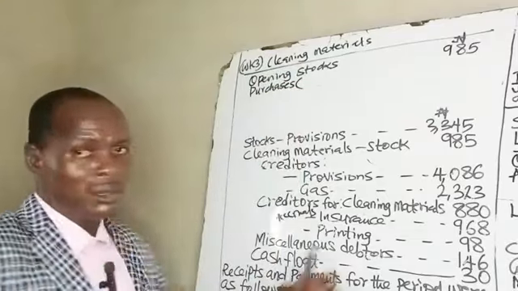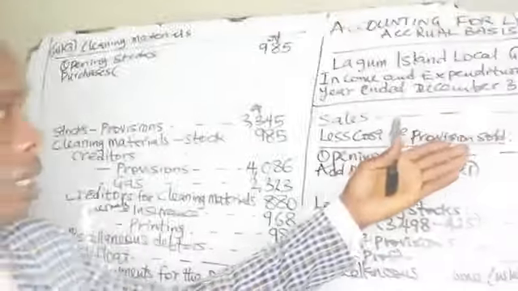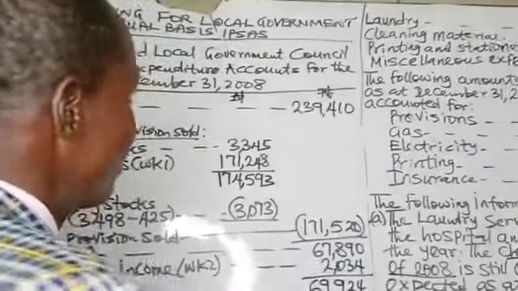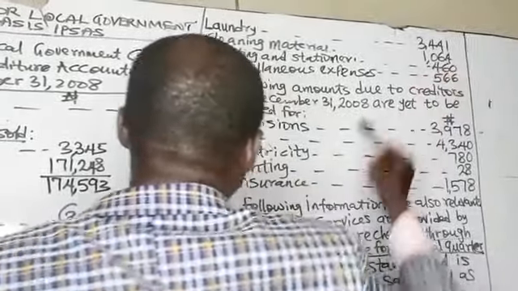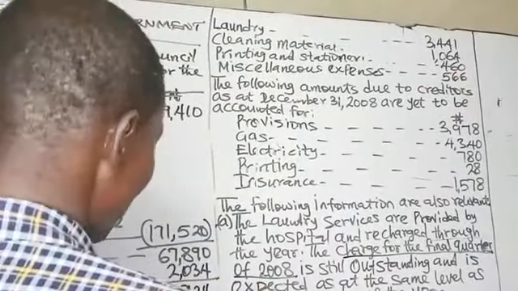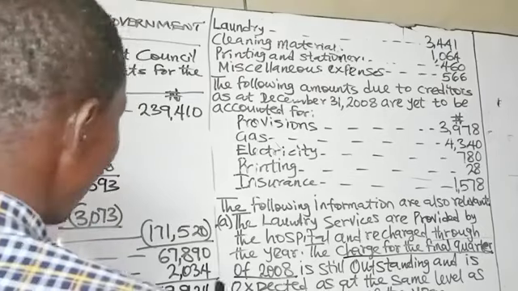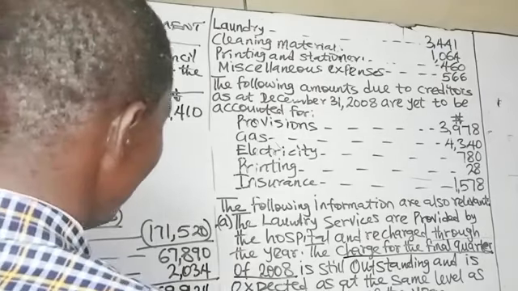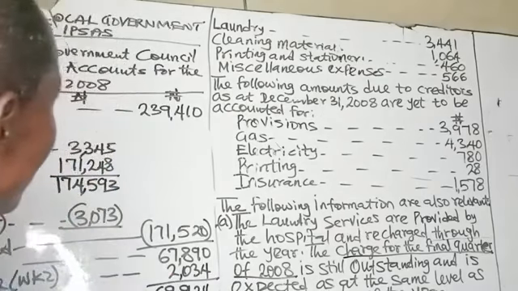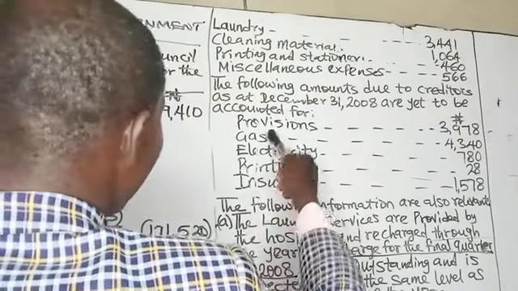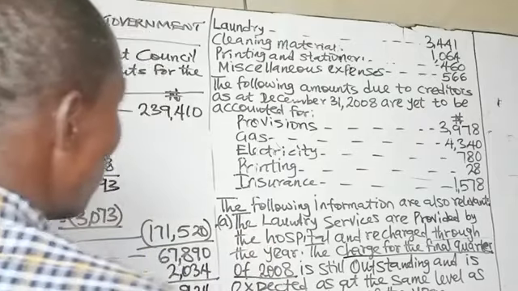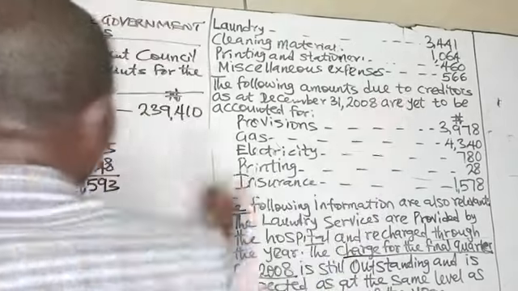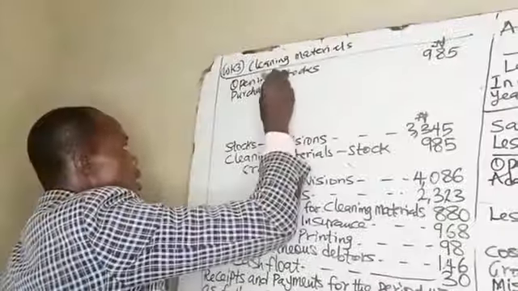So now let's go to the receipts and payments. You have cleaning materials purchase is 1,064. Do you have any accrual at the end of the period in respect of cleaning materials? We didn't have anything as such. So 1,064.